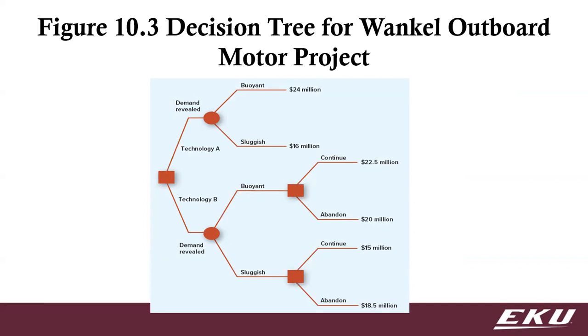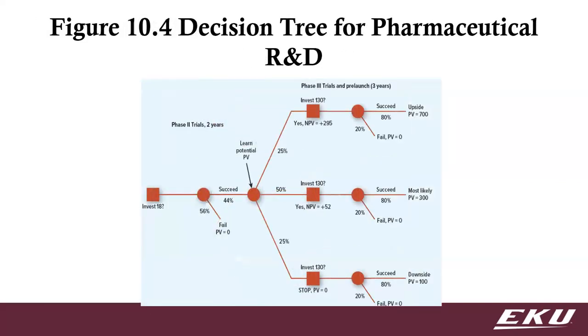A different type of project could be something like research and development. And if you notice, they start by asking, should I invest now? This is a 2-year project. And then as we're going through it, we start getting failures as we're doing all of our different testing. And then at some point, we understand that there are different probabilities.